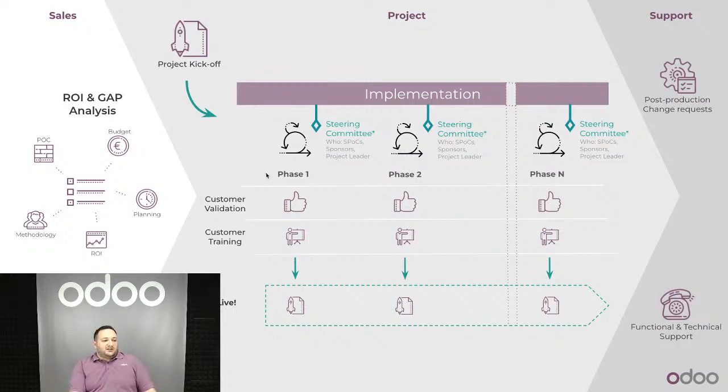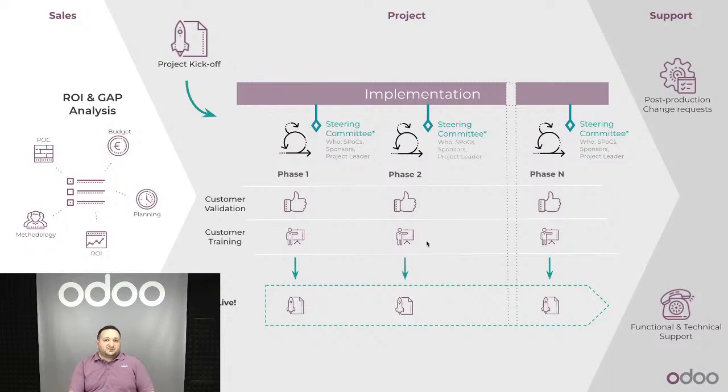So each cycle will have its own phase. Every phase is implemented, configured, and then there's a validation from the customer and so on. And then once it's validated, we go to training, we go live, and then we move on to the next phase. We do the validation, the training, and then we go live again, and then so on until we reach the end of the project.